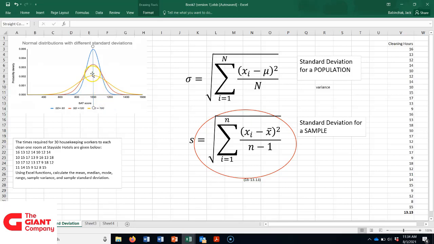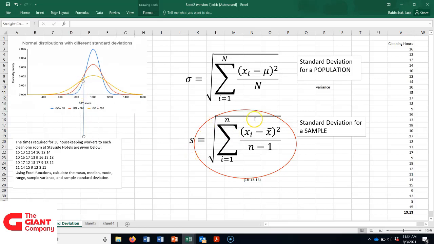But I want to find the area under the curve in different places. What if I wanted to find the area of the curve under here? Because that's going to tell me what proportion or percentage of the data would fall out here, or maybe out here, or maybe out here, or maybe I want to find what proportion of the data or the population would be out here.